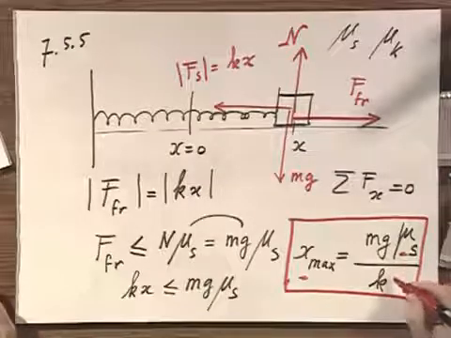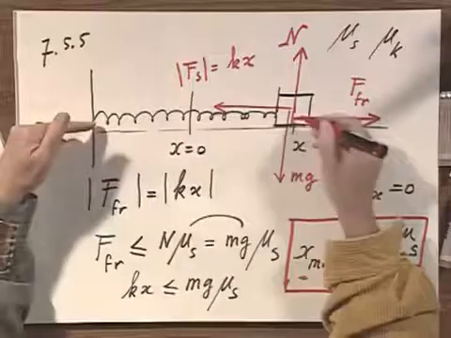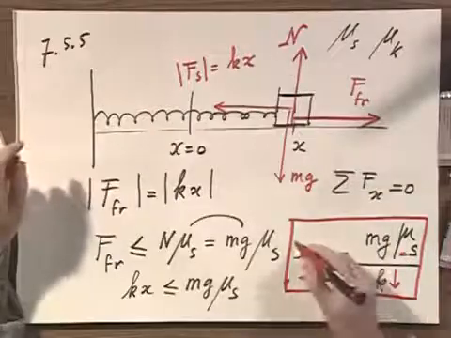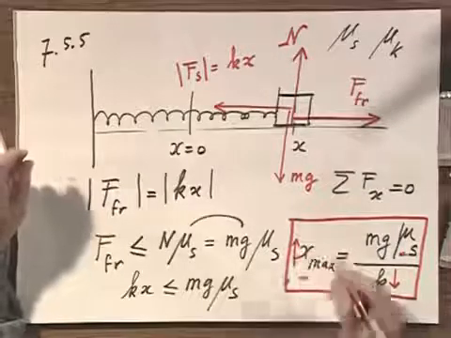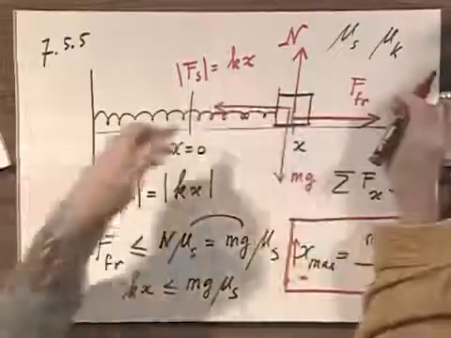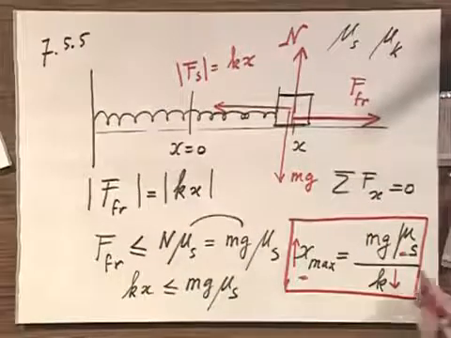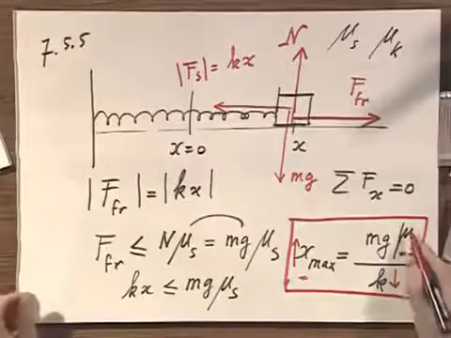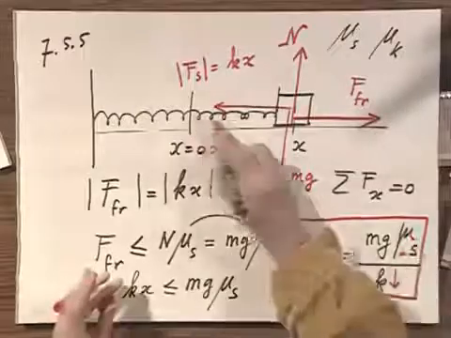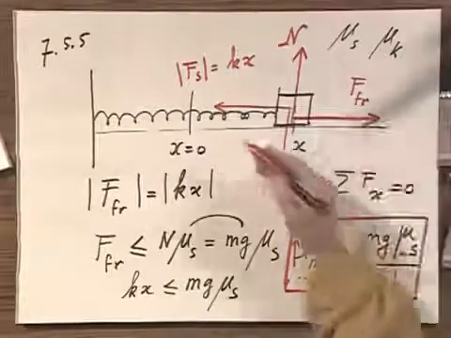Suppose that k is very small, then the spring is very sloppy, so this force is small, and so it's immediately obvious that you can bring it out very far and still have equilibrium. It's also clear that if you make the friction coefficient very high, then you can bring it out much further so that it stays put and thus it doesn't slide back.